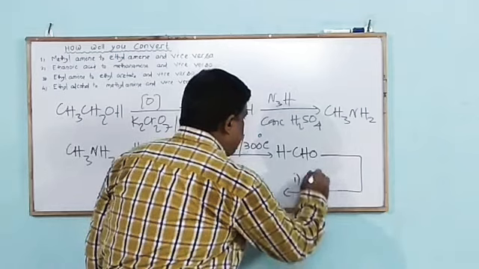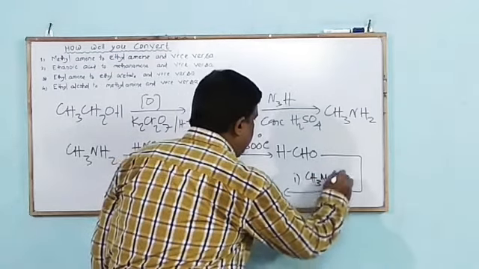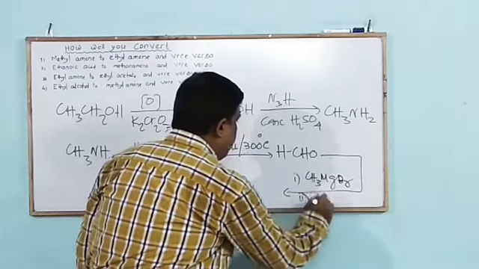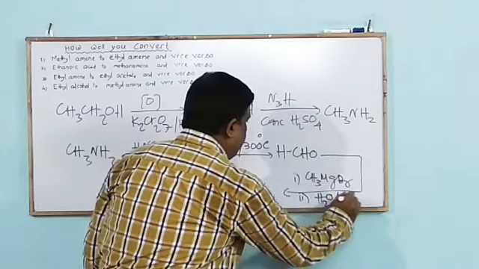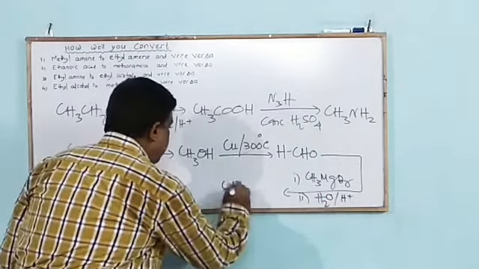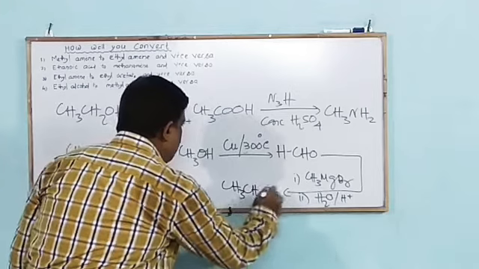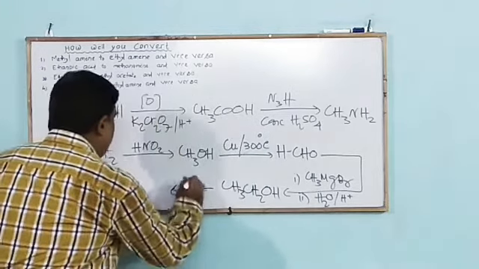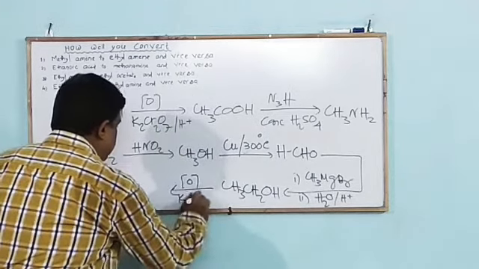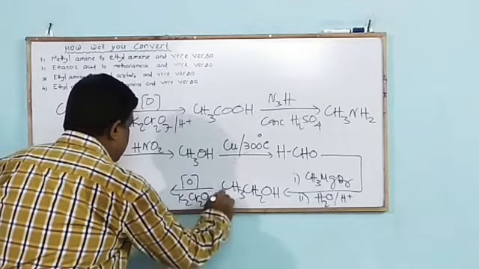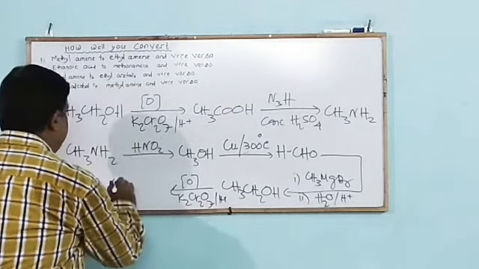Formaldehyde, when reacted with methyl magnesium bromide, followed by hydrolysis in acid medium, forms ethyl alcohol. Ethyl alcohol on oxidation with K2Cr2O7/H+ forms acetic acid.